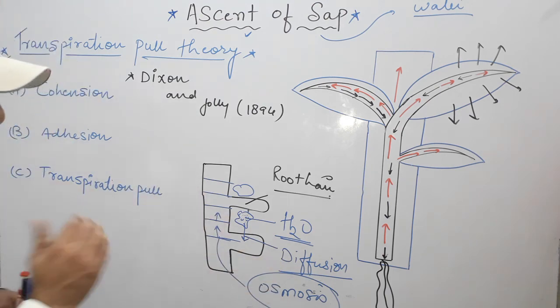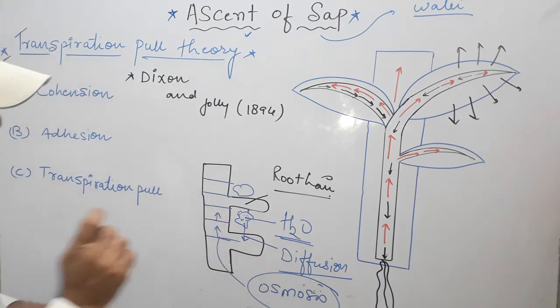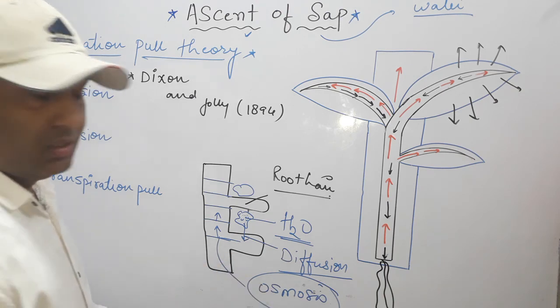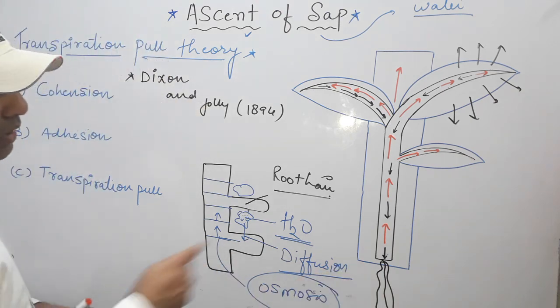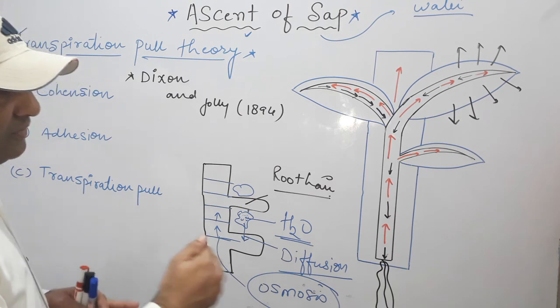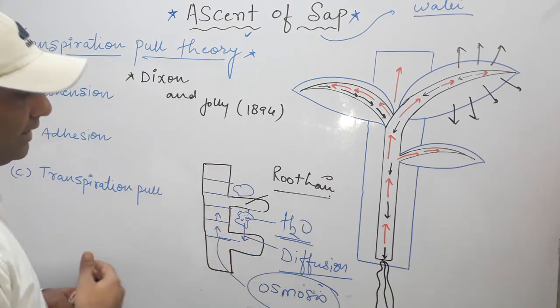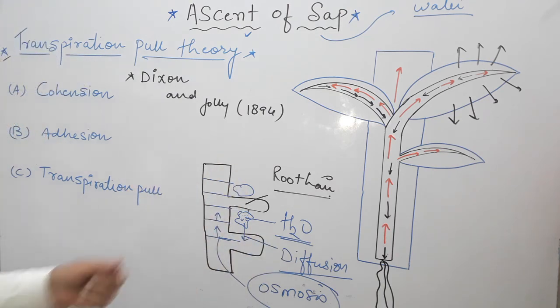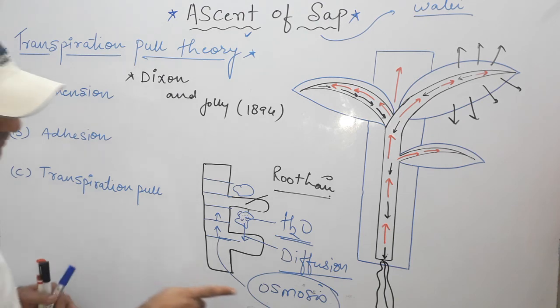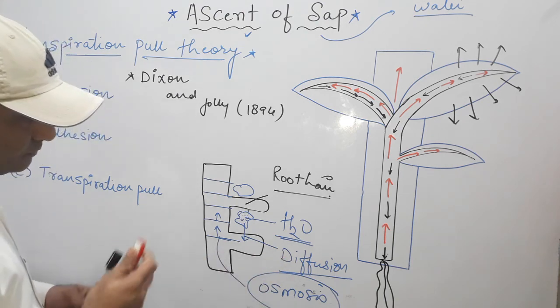Clear? Now second, we take that this is possible only for a very short height of plant. Now in a long plant which is 30 to 50 to 60 feet high, or a few meters high, this pressure is insufficient to supply water to the different parts of the plant. So which pressure applies here? First diffusion.